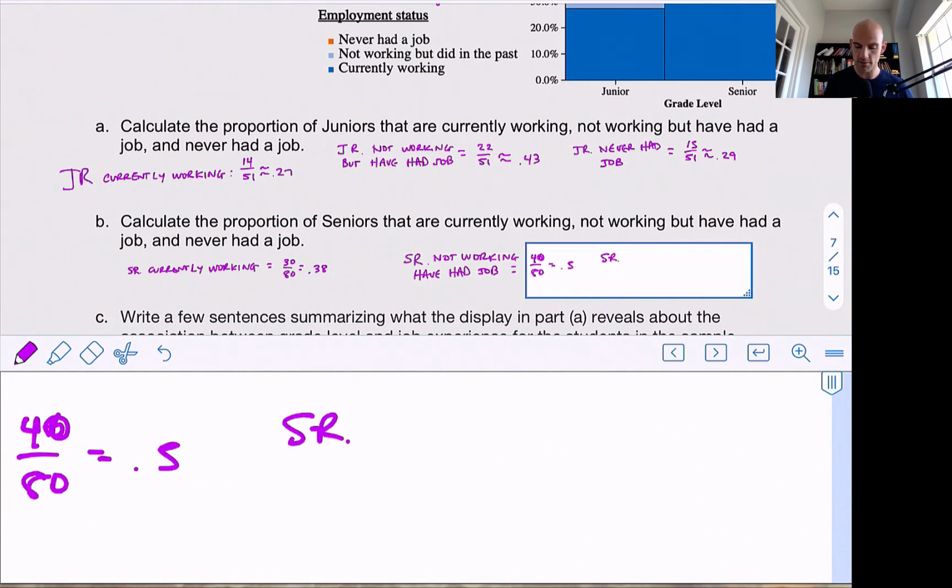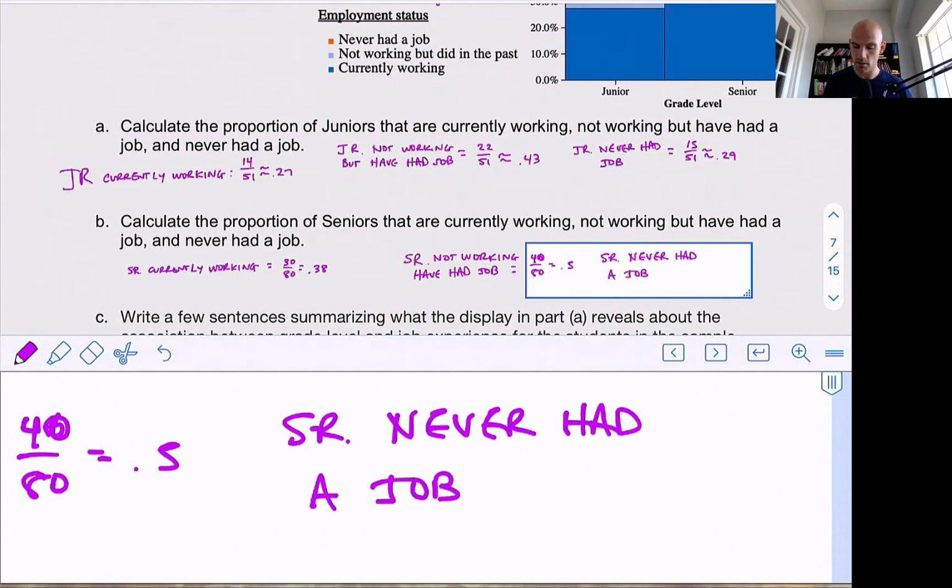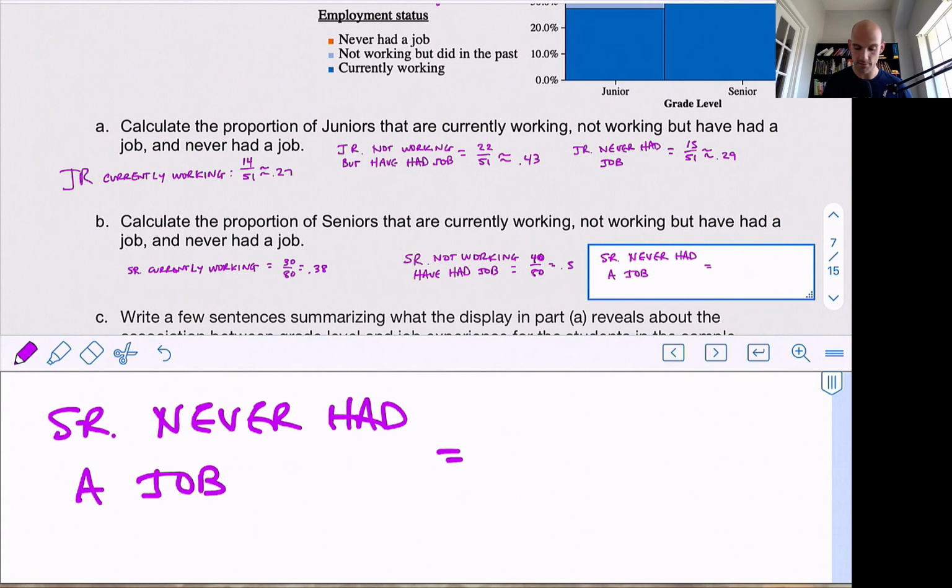And seniors never had a job. That proportion is going to be 10 out of 80, which is going to give us approximately 0.13.